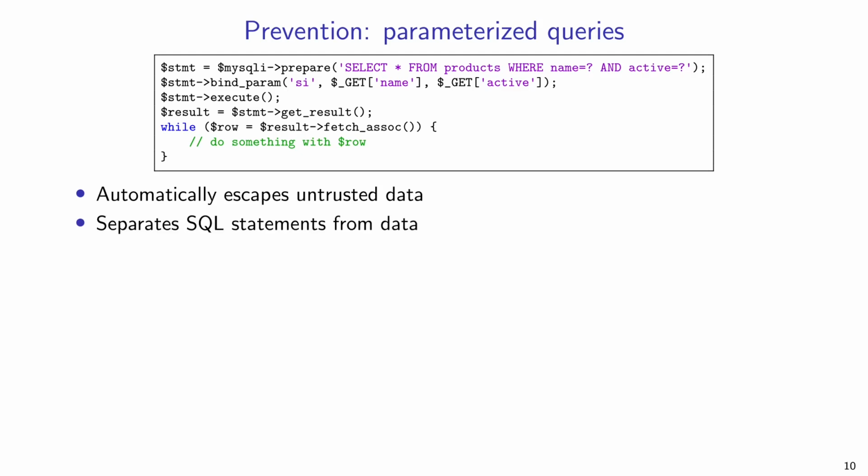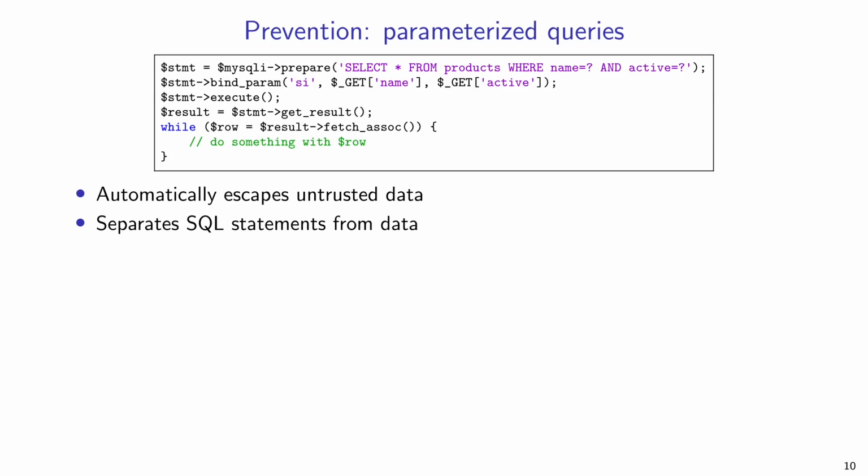So this method separates SQL statements from data, which also makes our code more readable. This way, it is very easy to check the code and ensure that SQL statements are hard-coded rather than being constructed dynamically. For these reasons, parameterized queries are the preferred method of preventing SQL injection.